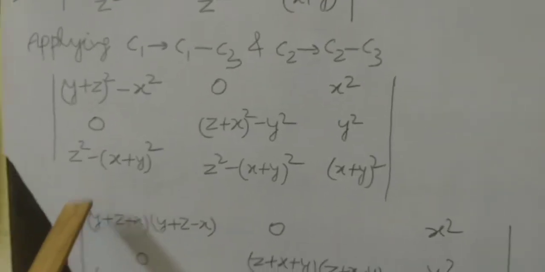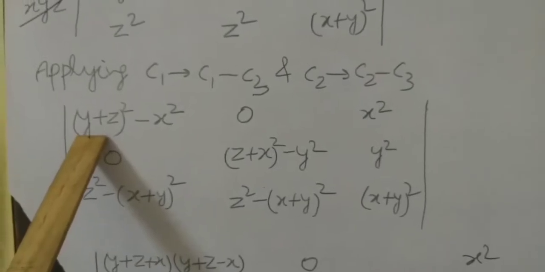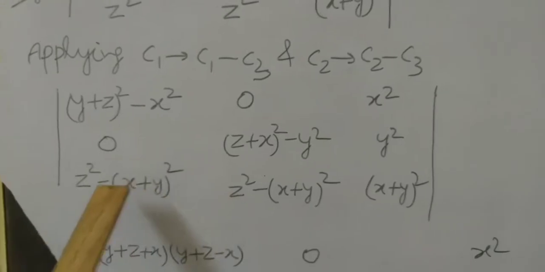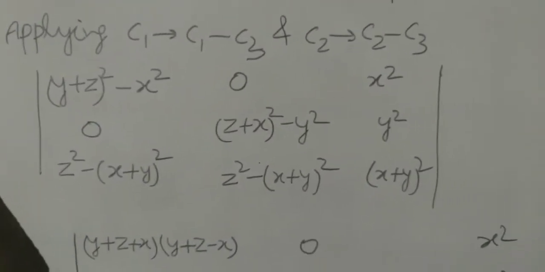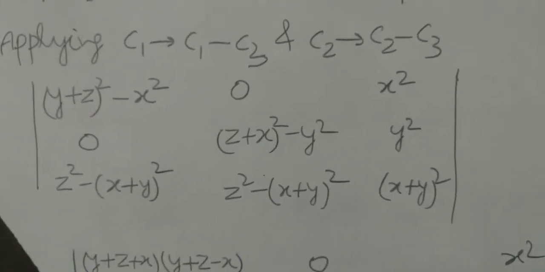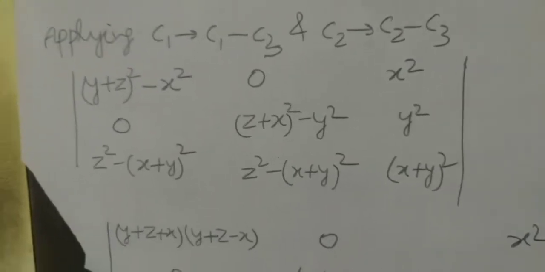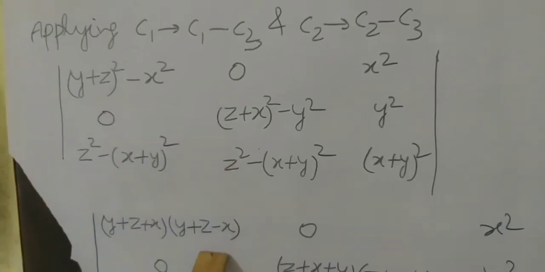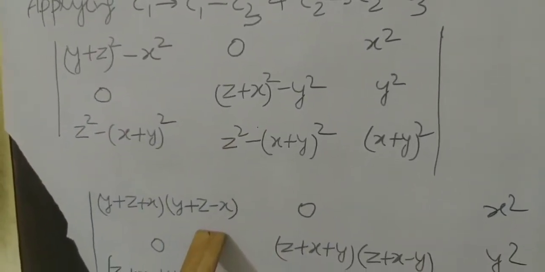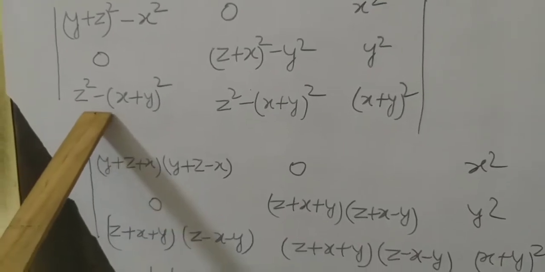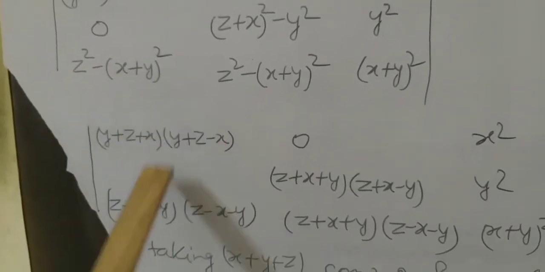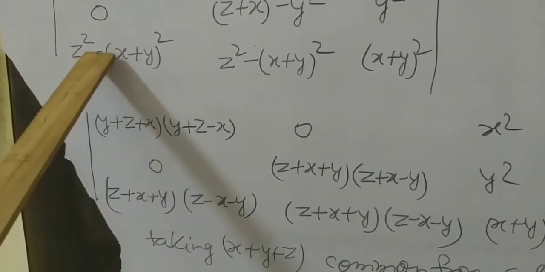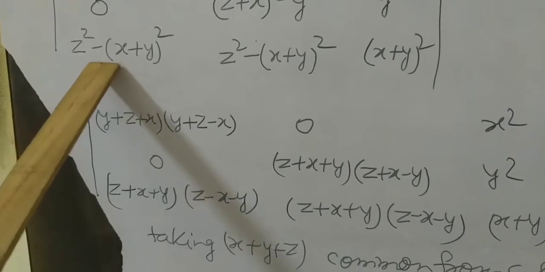Now students, you can see one time a square minus b square. We are going to use the property a square minus b square equals (a + b)(a minus b). So we have (y + z + x) or (y + z minus x). Here also, z minus (z + x + y)... or z minus x minus y; when we subtract, the sign will be changed, so z minus x minus y.